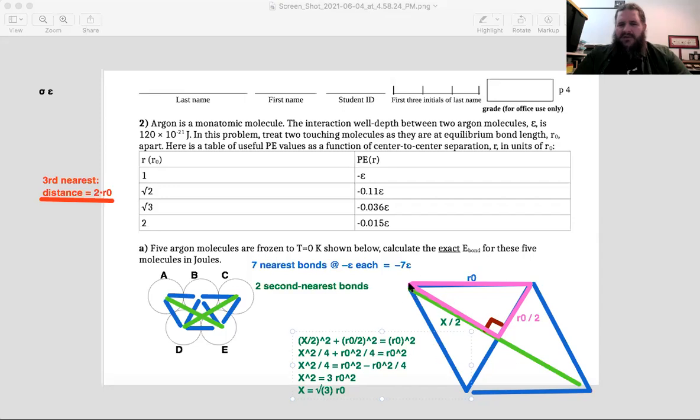So the total distance of the green line there, that second nearest neighbor bond, is square root of 3 times R naught. So we now know that second nearest neighbor distance. Any questions on that so far? And now that we know the distance, how do we convert that into energy?